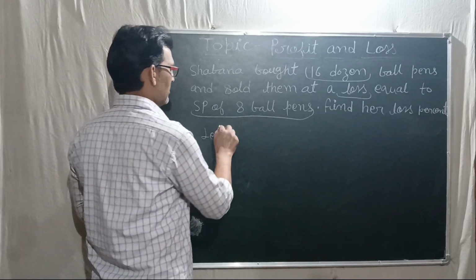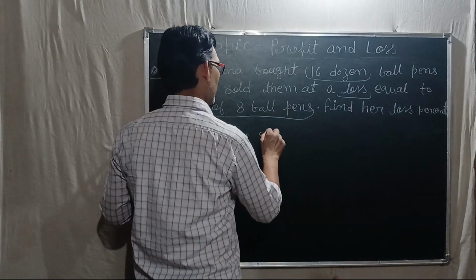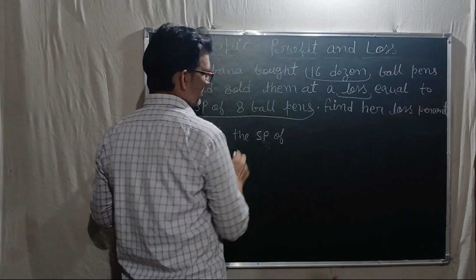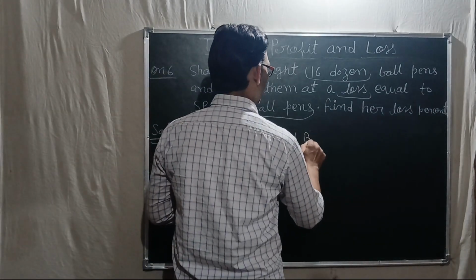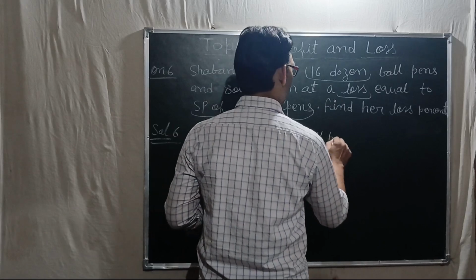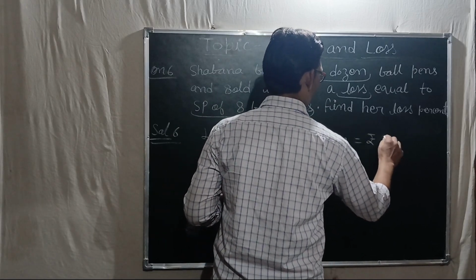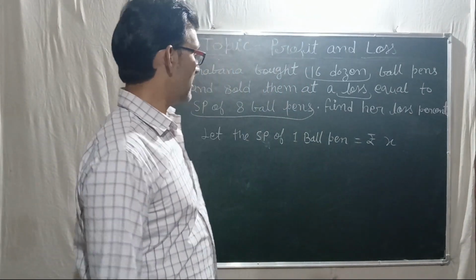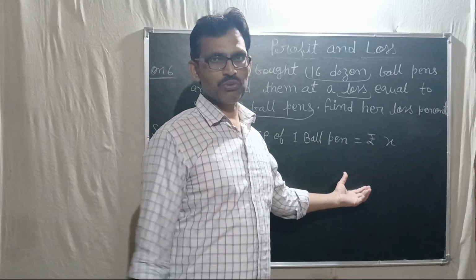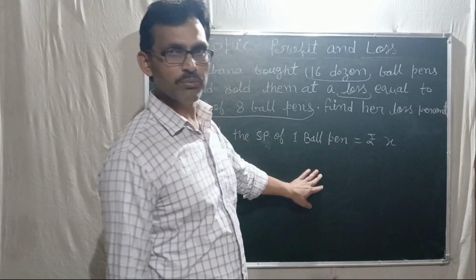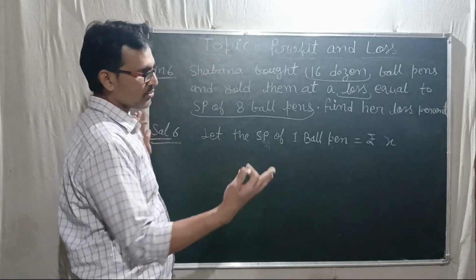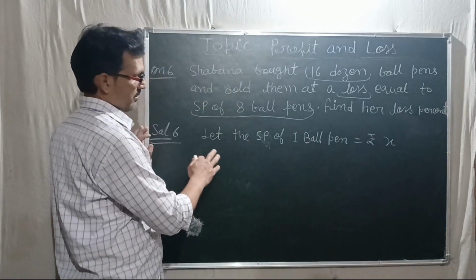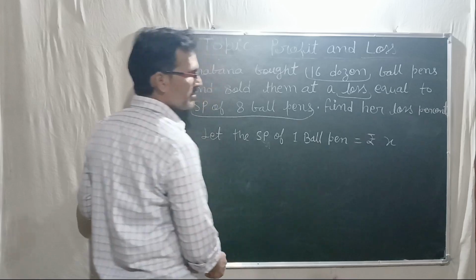Let the SP of one ball pen be rupees X. We can also assume it as rupee 1, but I have already done all the questions in the form of X, so this one I will also assume as X. Otherwise you get confused, sometimes assuming 1 and sometimes X. Let the SP of one ball pen be rupees X.